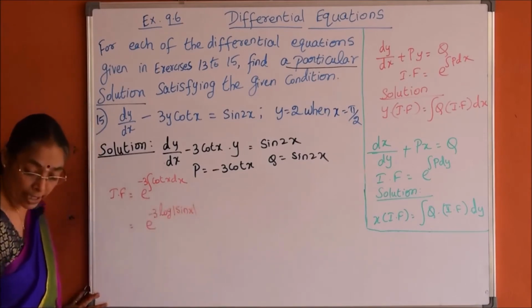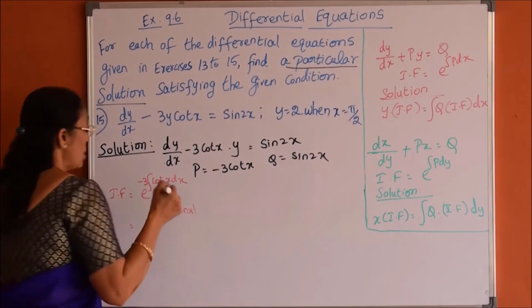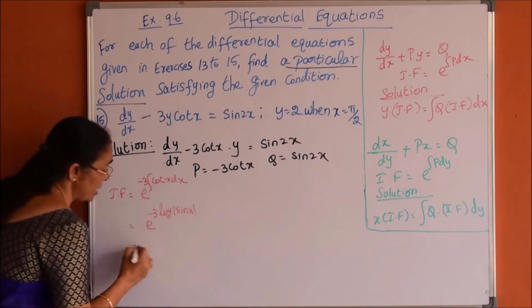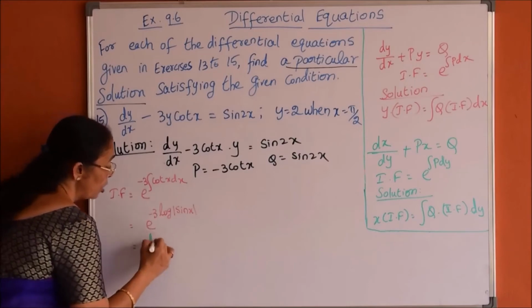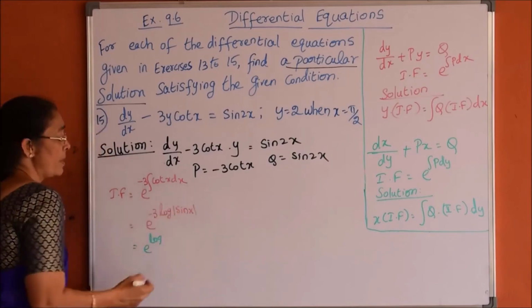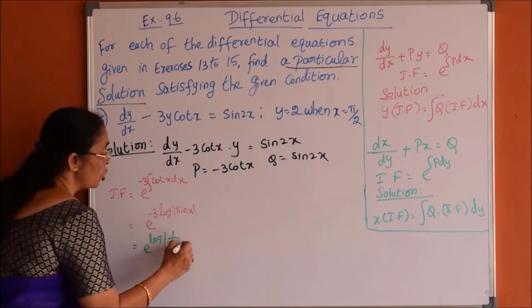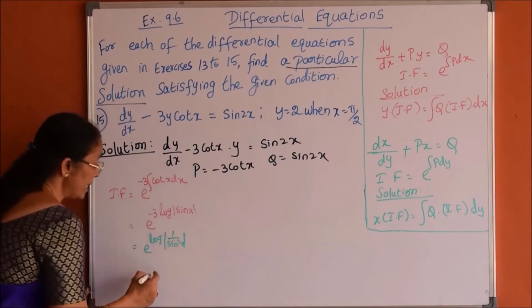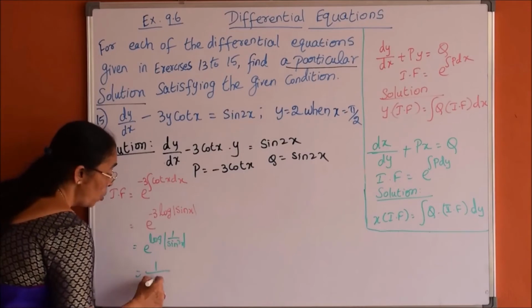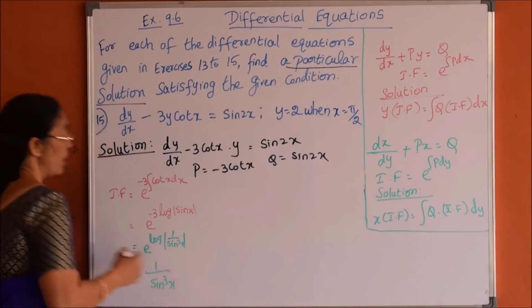E power minus 3 log sin x, which is e to the power of log sin x power minus 3, or log mod 1 by sin cube x. Therefore, the integrating factor is nothing but 1 by sin cube x.